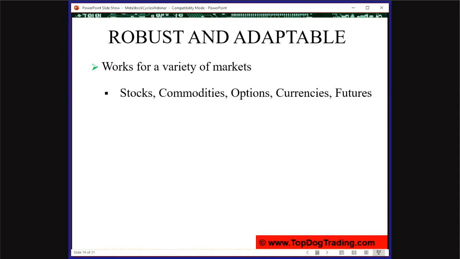So therefore, sure, stocks, commodities, options, currencies, futures, they all work on the same basis of the market action. But if there's not professional involvement, then I don't want to play the game there. Because the chart patterns actually reflect the psychology of the traders participating in that market.